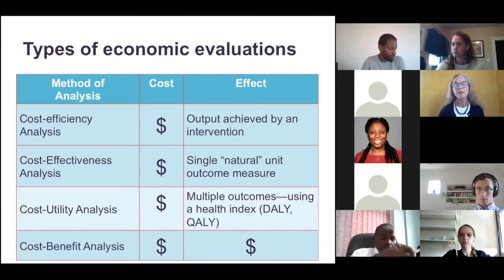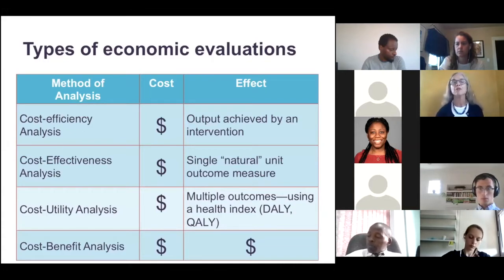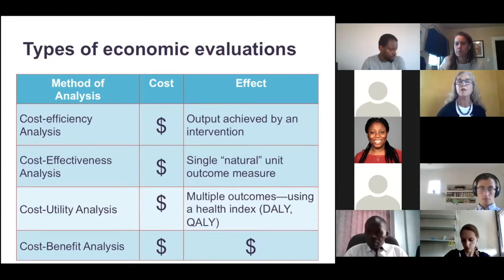Now, while cost-benefit analysis is a popular method in agriculture and infrastructure, it's been less well accepted and less used in the area of health and nutrition, because placing a dollar value on health benefits is difficult to do empirically and even conceptually. However, recent guidelines from Harvard University are helping to advance the application of cost-benefit analysis for use in health and other multisectoral investments to improve nutrition.